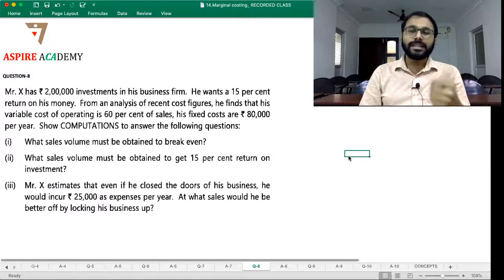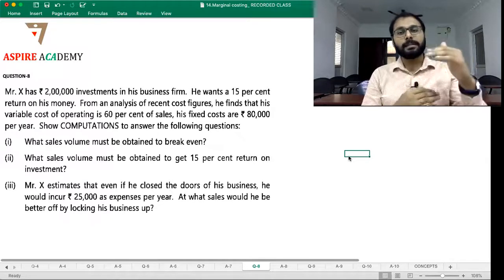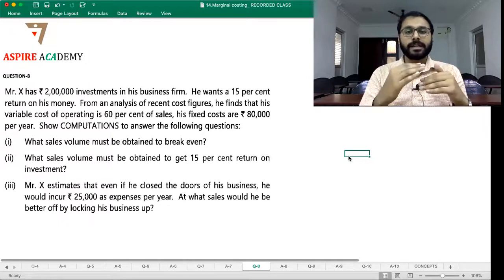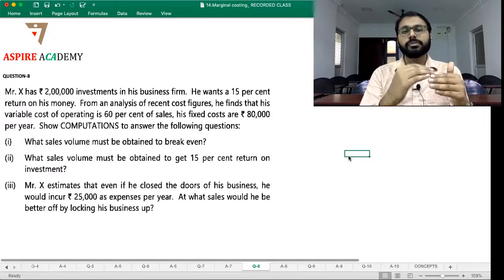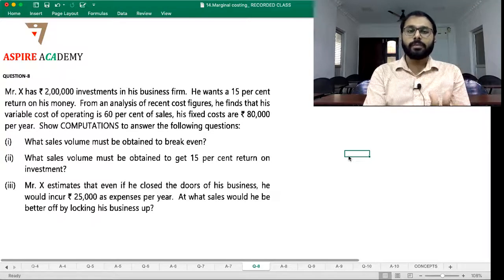You can also go in this way, or for your better understanding, I'm going to prepare a cost sheet kind of thing and put the numbers. I'm going to explain in numbers, or if you're very well versed in this, you can directly go with the shortcut, because in exams, working notes need not be much detailed.